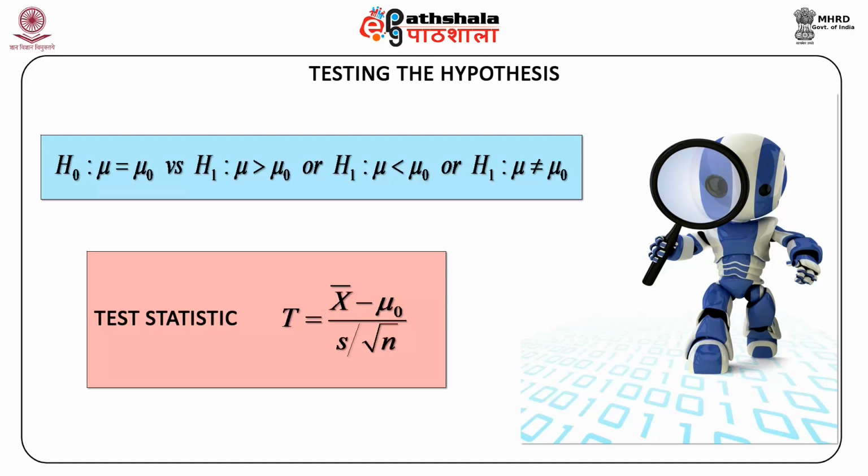A random sample of n observations selected from the normal population yields a sample mean x bar, and the calculated value of the test statistic is then Tc equal to x bar minus mu naught upon S upon root n, under the assumption that the null hypothesis is true until sample evidence strongly favors the alternative.